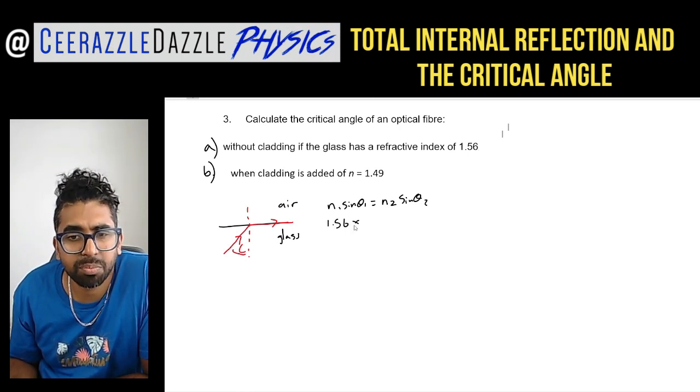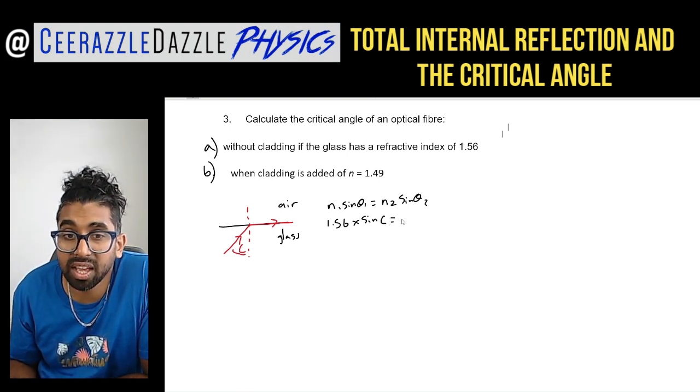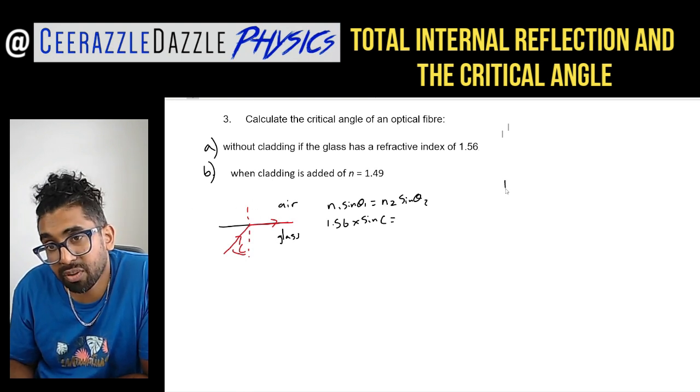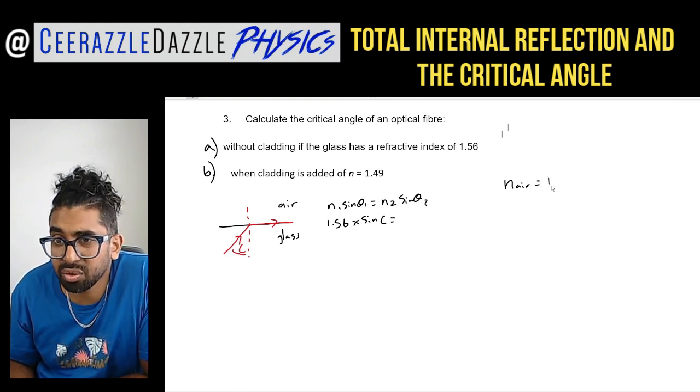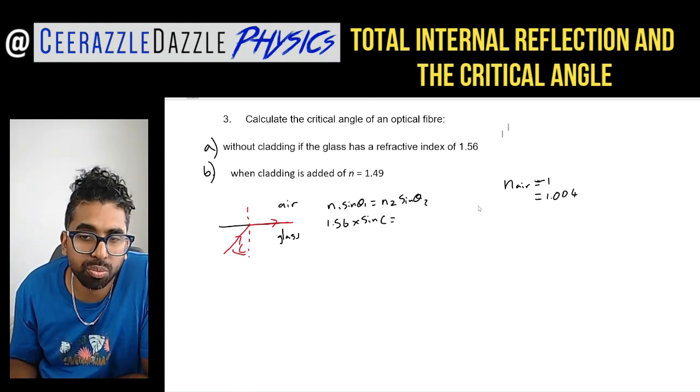1.56 times sine of the critical angle, which is going to be C, is equal to the refractive index of the second material, the refractive index of air, and I'm going to take that as 1 for now. I know it's approximately equal to 1. I know it's actually equal to 1.004, but just for this question, we're going to take it as 1.